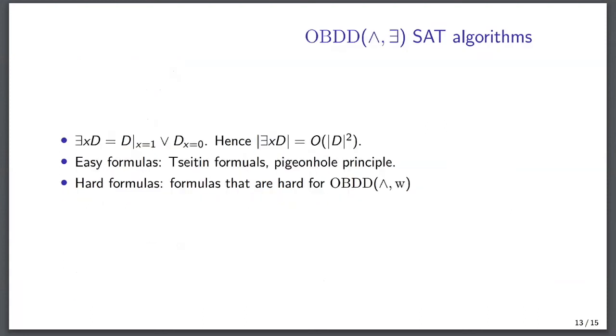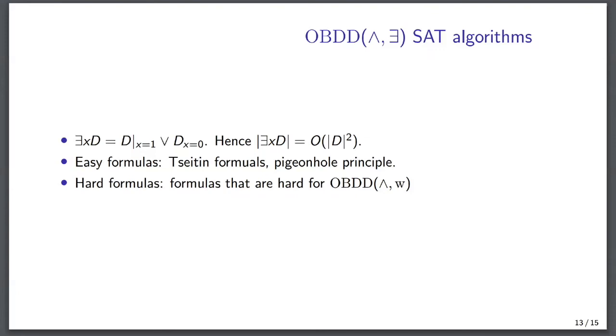First of all, when we apply the projection rule, it's actually restricting x with 1 or restricting x with 0. The size is at most quadratic in the size of the previous one, but in many cases the size does not increase significantly.